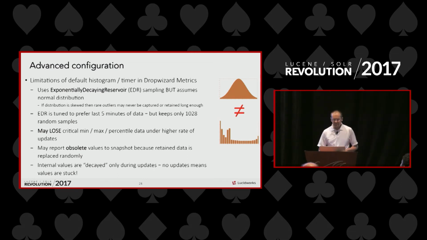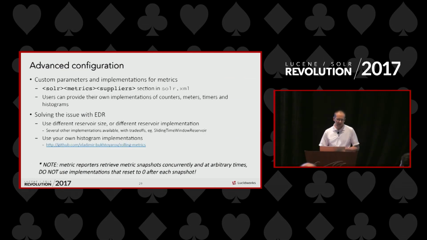How to deal with that? Well, that's what the advanced configuration section is about. You can specify a custom supplier for the histograms, or at least you can tweak the configuration parameters of these default reservoir implementations. So, for example, in order to solve this issue with EDR, exponential decaying reservoir, you can specify a different reservoir size.